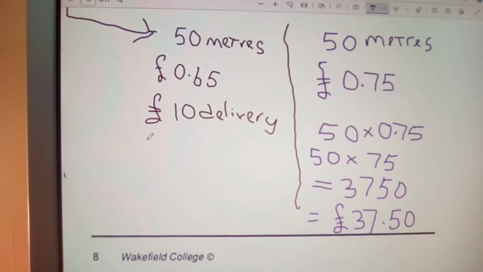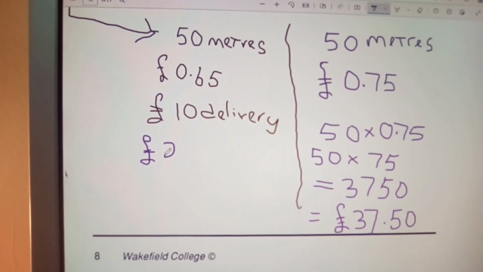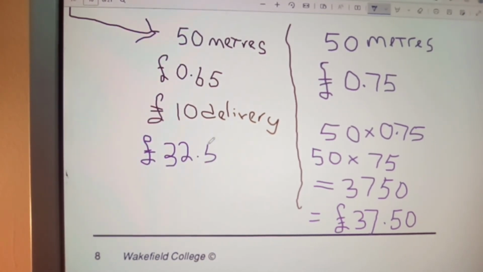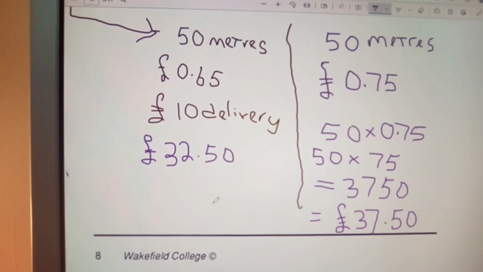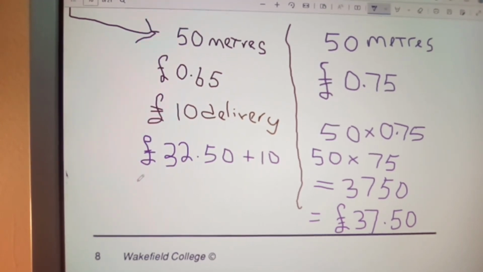This will come out to 32 pounds and 50 pence. £32.50 plus £10 delivery. That comes out to £42.50.